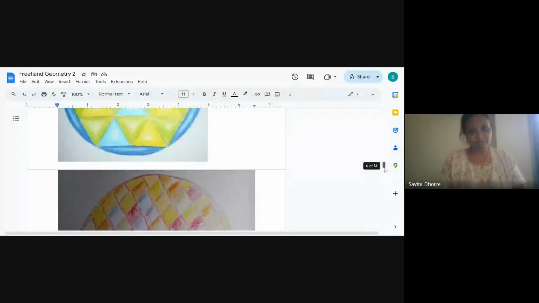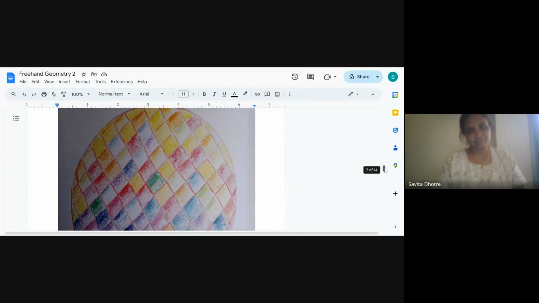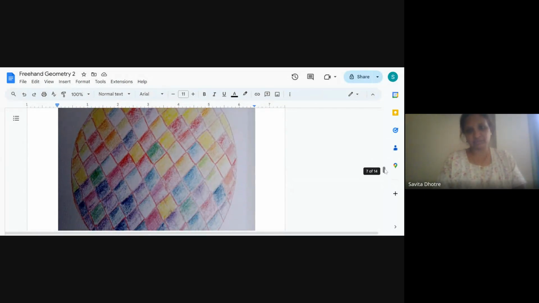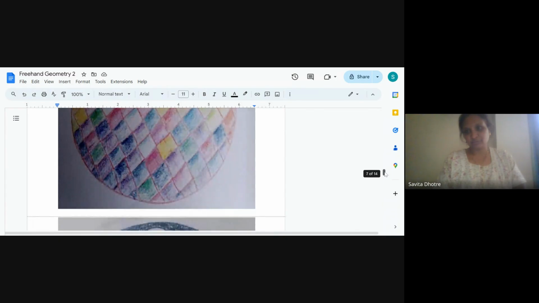Then we did forms like these. Then we moved on to some triangles, just a basic rhombus in a circle.